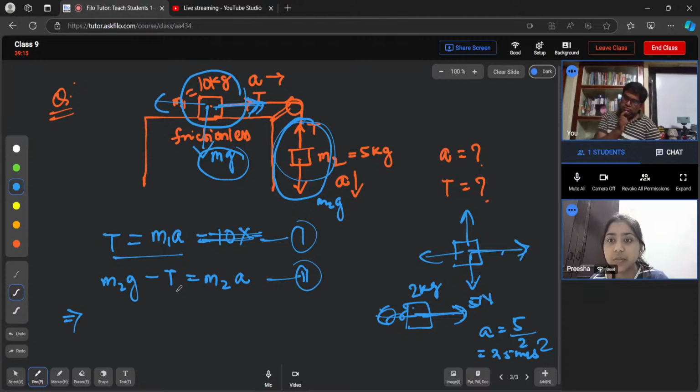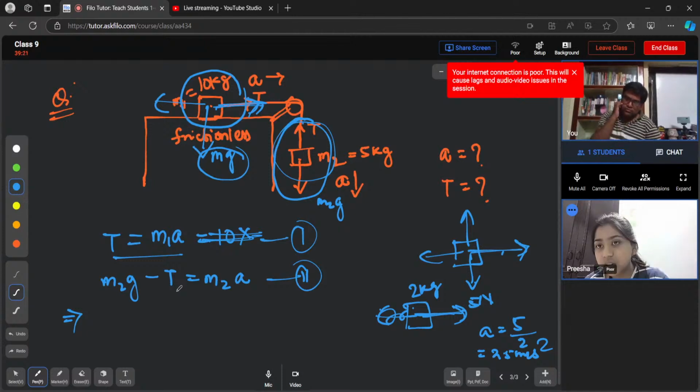Then we made this equation: M2g minus T is equal to M2A. That time also we used a similar equation, right?